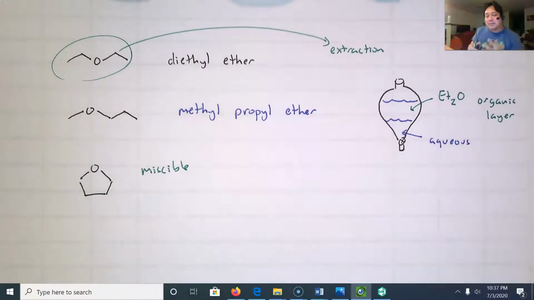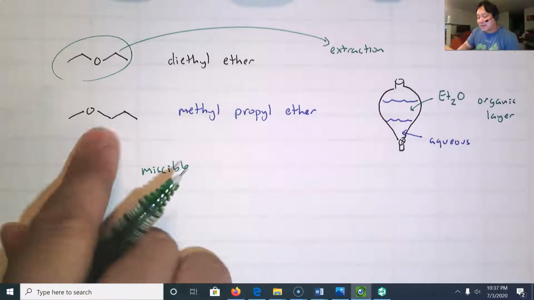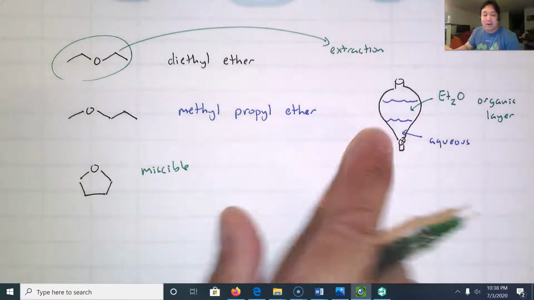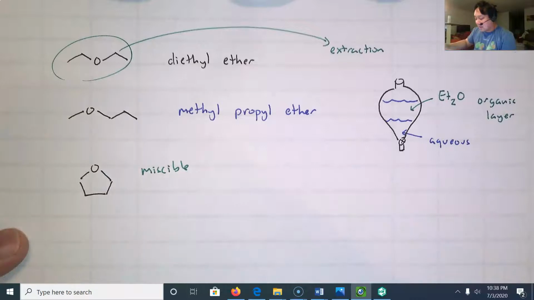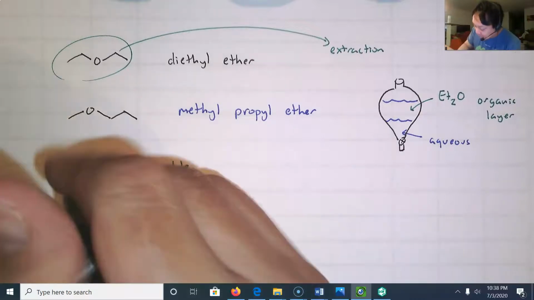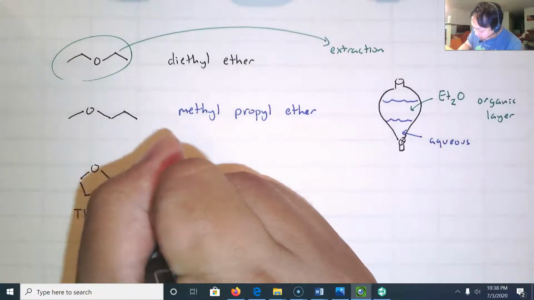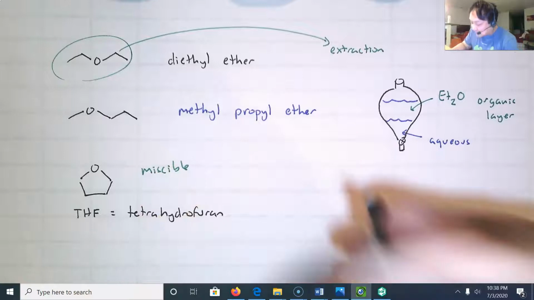It's a little bit hard to predict, especially when you start making rings. Most acyclic ethers are definitely going to be insoluble or immiscible with water. But this one can dissolve in water. And the name of this is THF, or tetrahydrofuran. And that's the common name again.